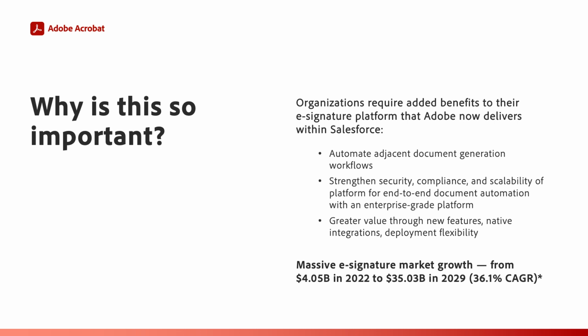And last, they want their e-signature platforms to offer great value, right, including tight integrations with enterprise applications that they already rely on, flexible deployment models, and the promise of advanced technologies such as AI. So while this presentation will focus really on Document Builder, I want you to remember that organizations are looking for all of these innovations, right? And that will really essentially become a key point in the second part of this presentation.